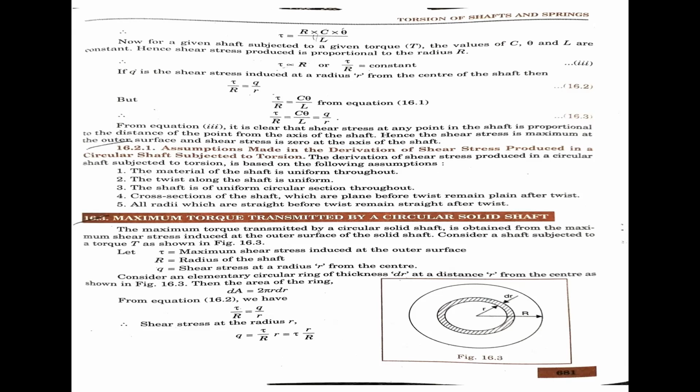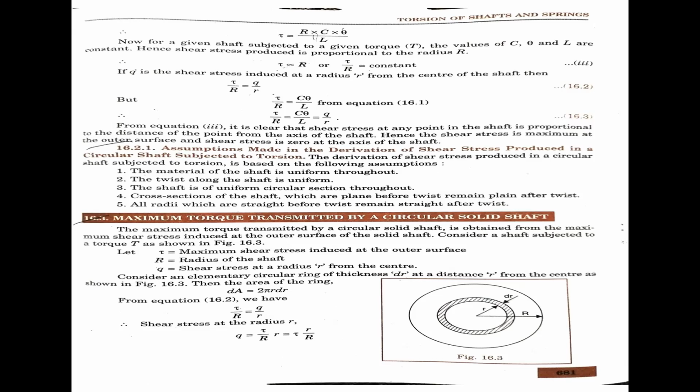That is the main important assumption. The shaft is uniformly twisted along its length. The shaft is of uniform circular section throughout. Cross sections of the shaft which are plane before twist remain plane after twist.